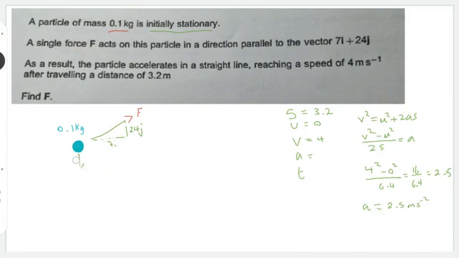We don't need that information that I added there. So we can use F equals ma. We don't know F, but we know the mass is 0.1 and the acceleration is 2.5. Therefore, F is equal to 0.25 newtons.